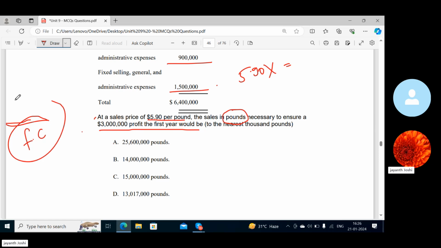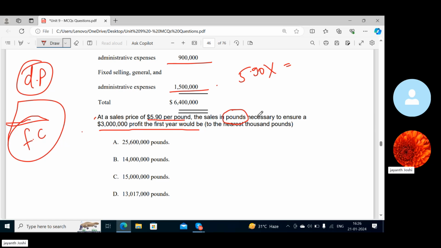This is there in the Hawk textbook also; you can see those points. So they have to recover this, so they treat this as fixed cost, the desired profit. Revenue is equal to cost, as we have discussed.